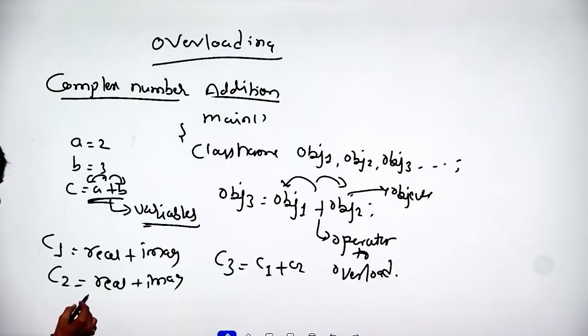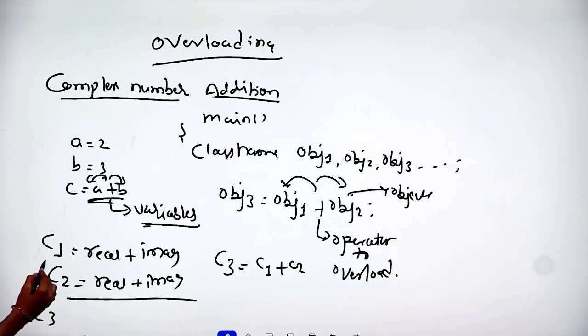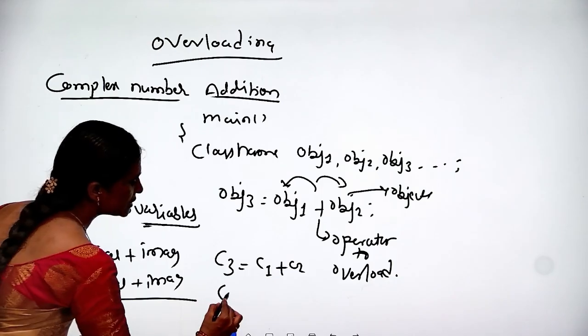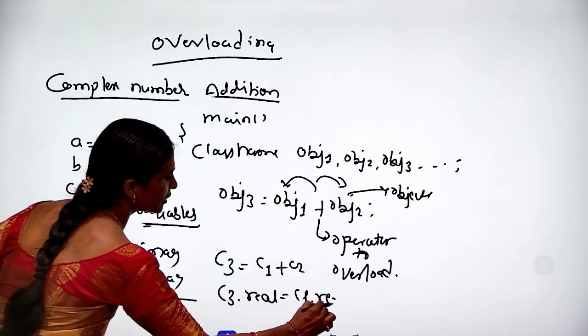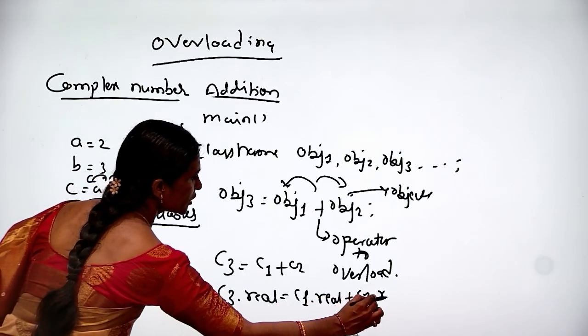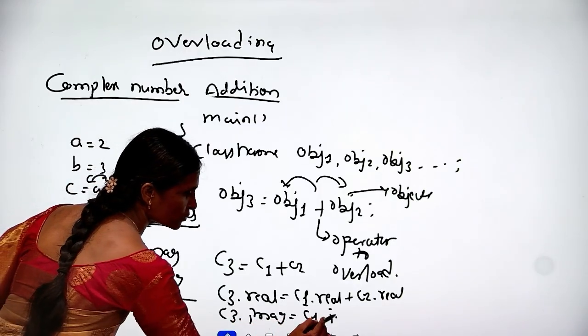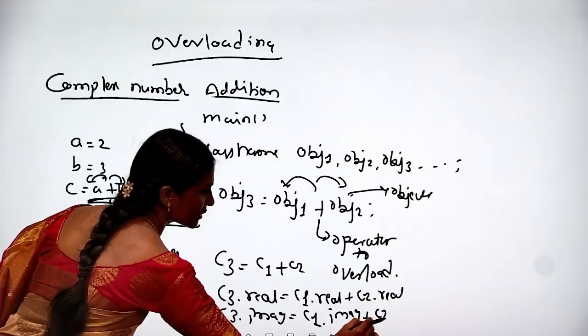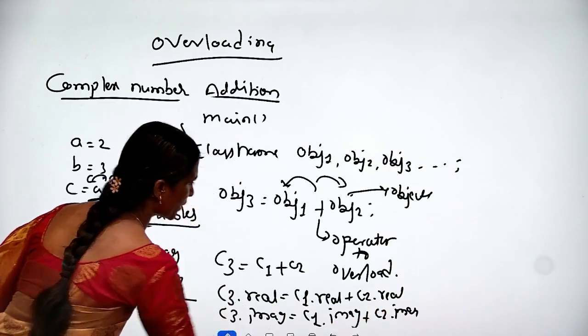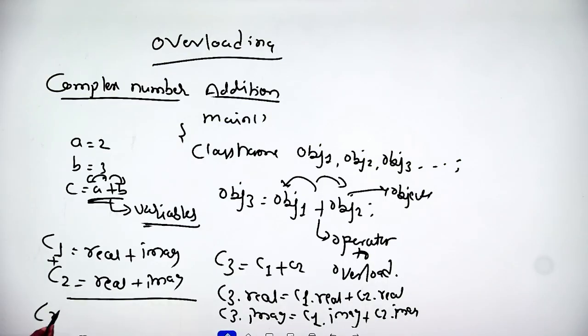C3 dot real is equal to C1 dot real plus C2 dot real. Similarly, C3 dot imaginary is calculated as the imaginary value of the first object plus the imaginary value of the second object. So the real parts are added, as written here.